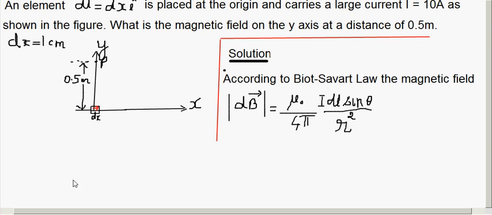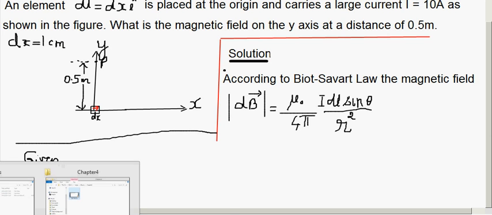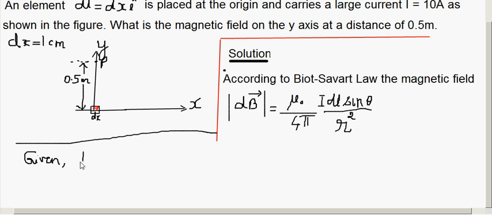Now in our case, given I is 10 amperes and dl equal to dx equal to 1 centimeter, convert it into meter, that is equal to 10 to the power minus 2 meter.